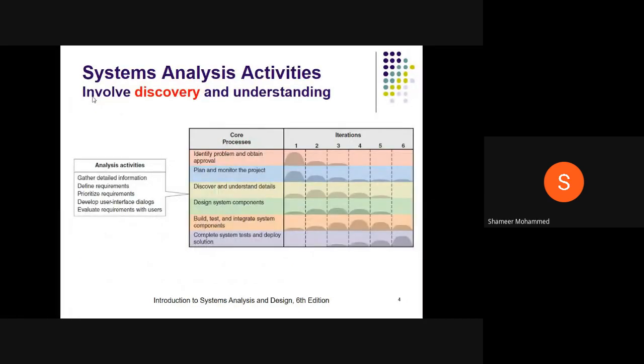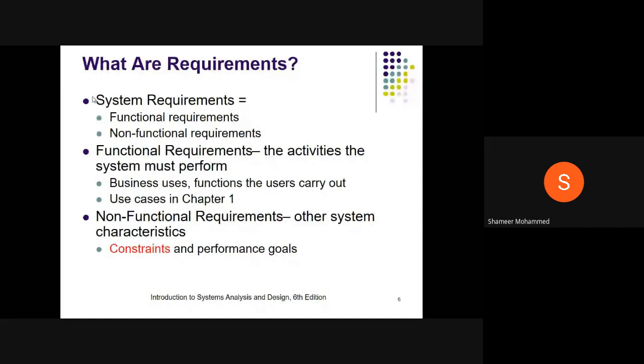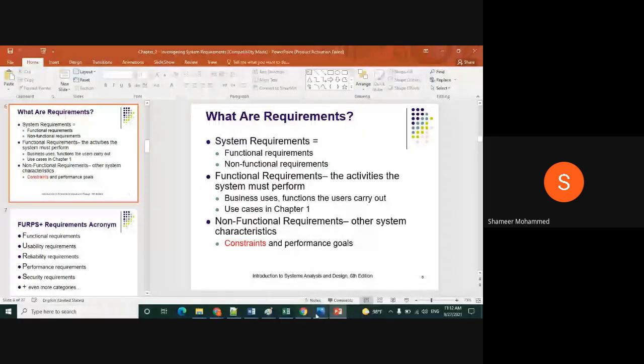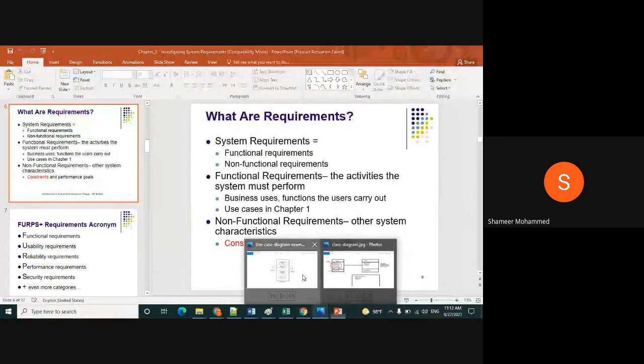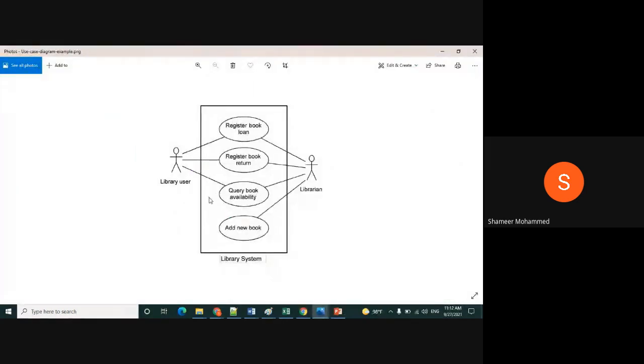Next is, what are the requirements? As I told you, functional requirements means what? Non-functional requirement means what? Functional requirements means the activities that the system must perform. For example, the library system must perform these activities: borrow the book, return the book, show the book, and add the new book.